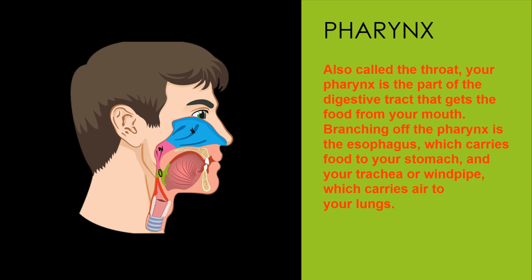This is the trachea. And we have the hypopharynx here, from here to here. On this side we have the larynx and the oral cavity, meaning the mouth. This is all about the pharynx. And now let us go to the esophagus.